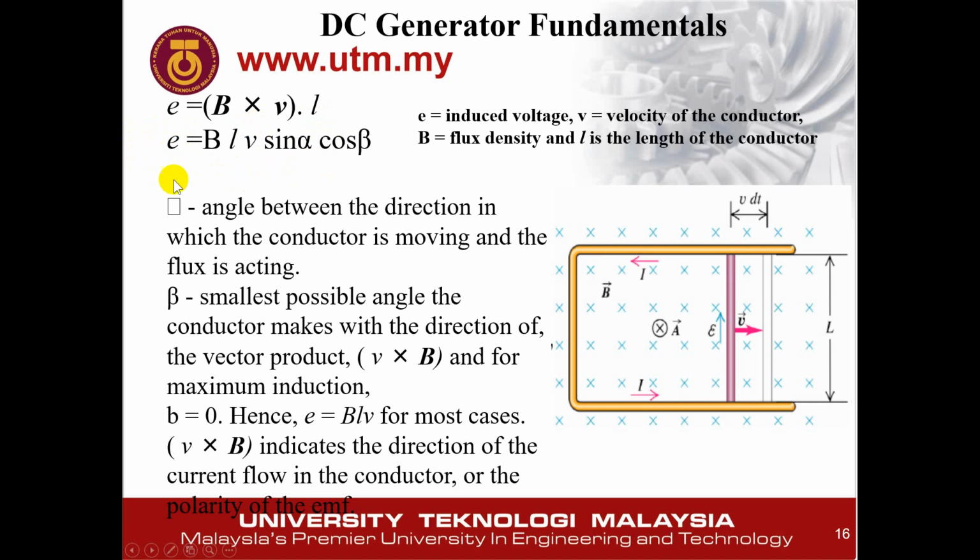But if B is in the same direction as V, the wire moves along B, there will be no flux change and no induced voltage. So try to remember E equals BLV, or E equals BLV sine alpha if they give an angle.